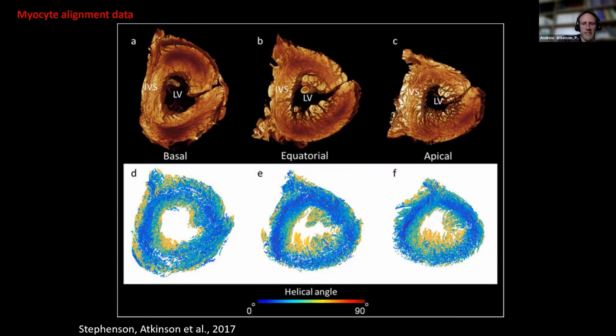These are short axis sections, and as we cross the ventricular septum, there's a helical arrangement of myocytes, and the central zone is more circumferential than the extremities. On the free wall side, we see a similar pattern, but it's not as distinct as on the septal side, and it's consistent from the base to the apex.